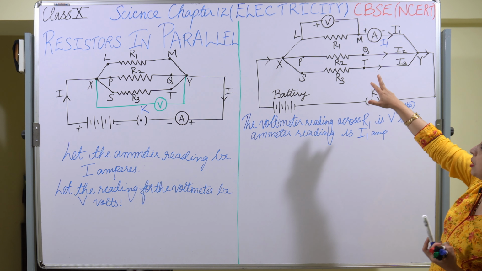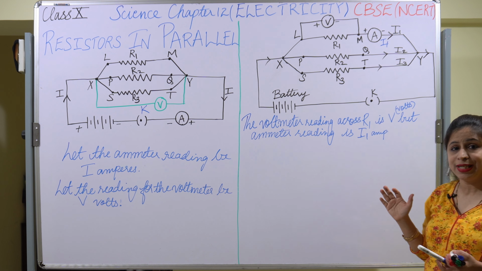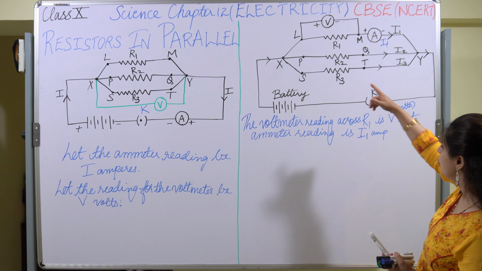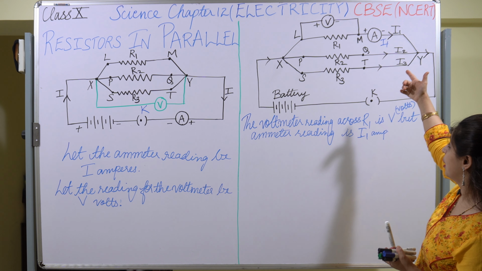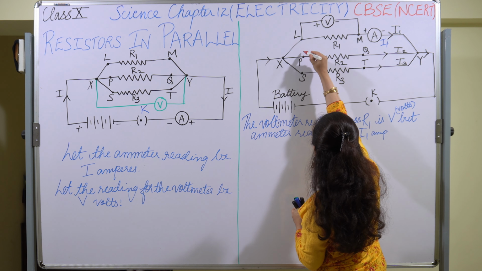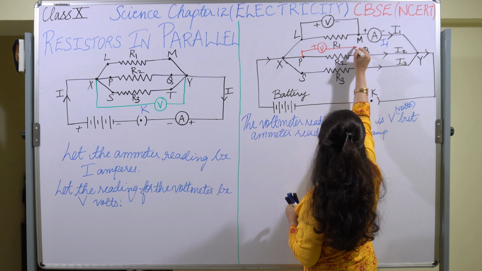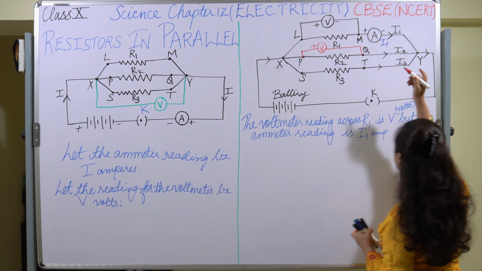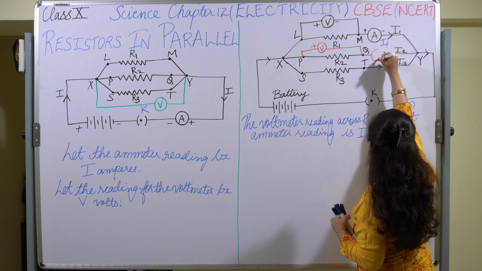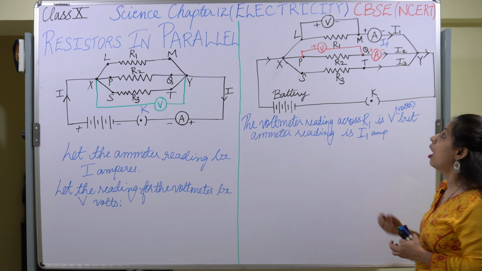Then, first of all, after taking the readings, switch off the key, and then remove the voltmeter and the ammeter from there, and connect them across the resistor R2.